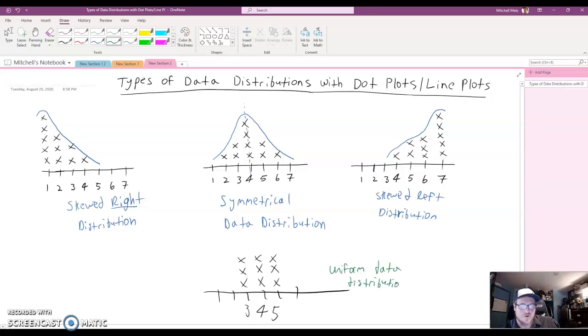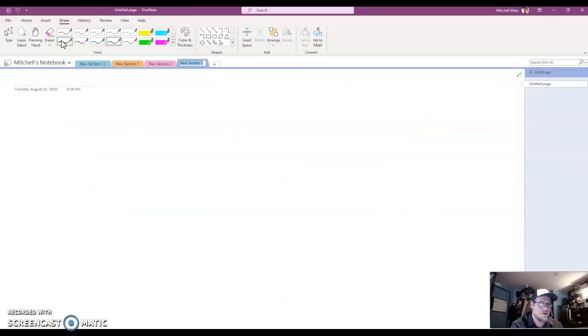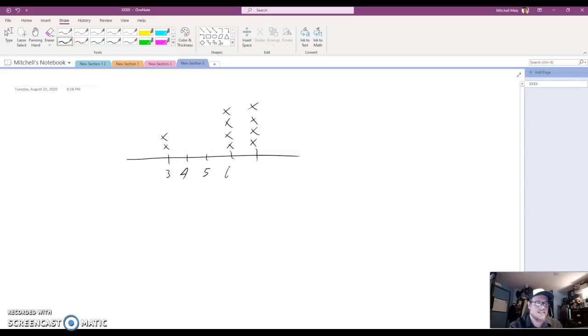Just so you know in the future, if I have a data distribution that looks nothing like these, you just have to pick the one that looks closest. Let me give you one example. I'll make a new one really quick. Let's say I have some of my data here, and then I have the majority of my data here. You can see I have a gap in my data. Even though it has a gap, I can still explain the data distribution by picking the one that best matches it.